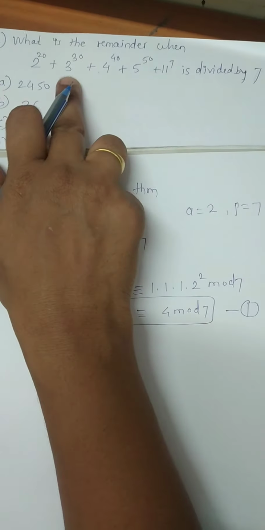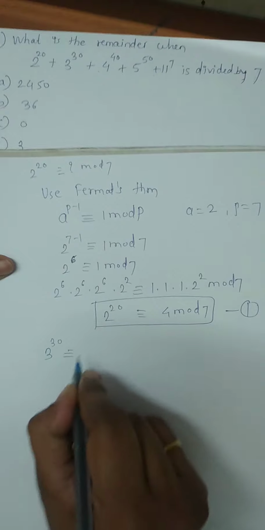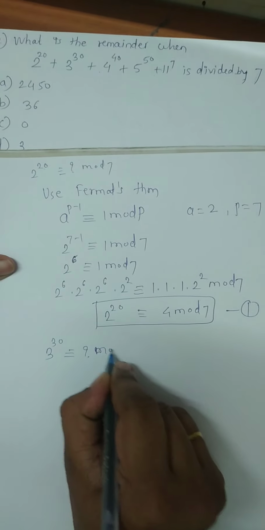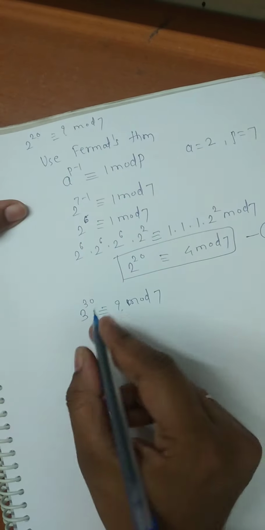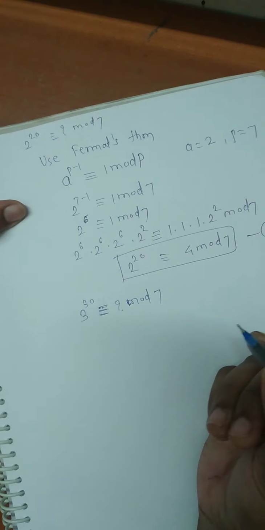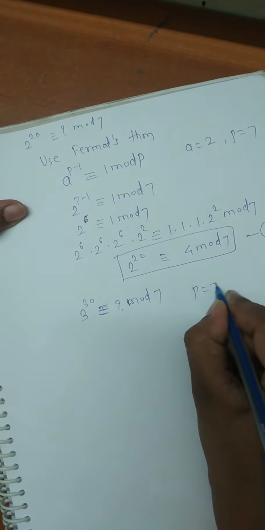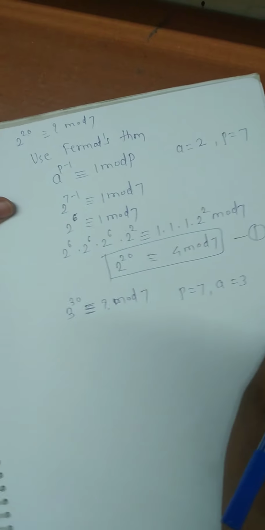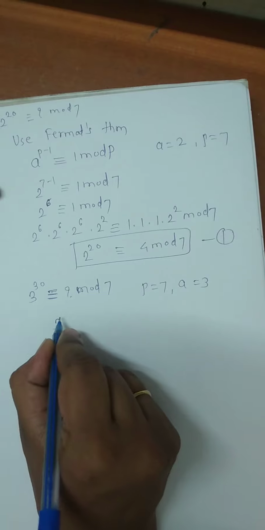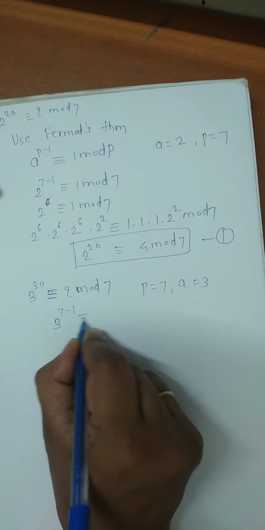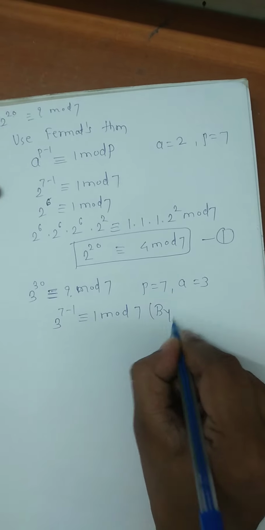Next we want 3 to the power 30. So 3 to the power 30 is congruent to which number modulo 7? Yes, easy one. See, here p is 7 and a is 3. So 3 to the power 7 minus 1 is congruent to 1 mod 7 by Fermat's theorem.